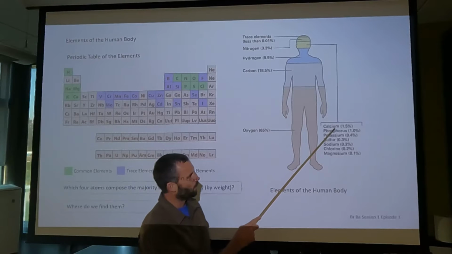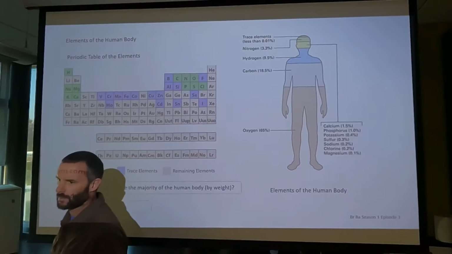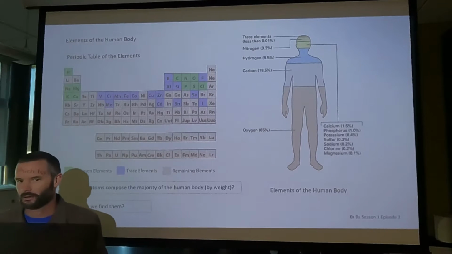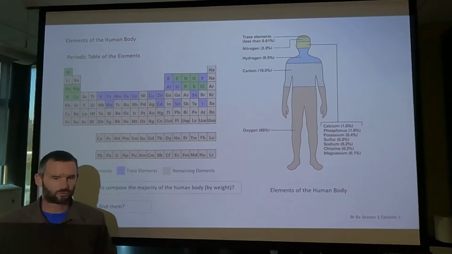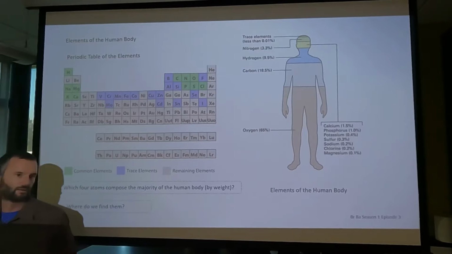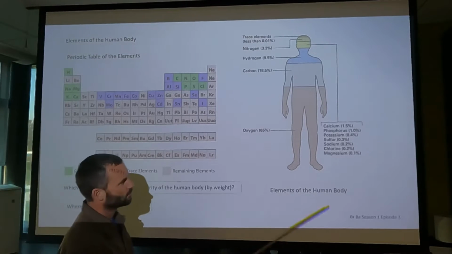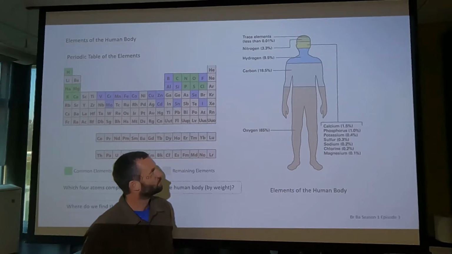Surprisingly, 1.5% of the body weight comes from calcium. Why is that surprising? Bones. Because your bones are made up of calcium and phosphorus, and you'd think that those comprise quite a bit of weight. But calcium is only coming in at 1.5%. We have phosphorus, potassium, sulfur, sodium, chlorine, and magnesium.